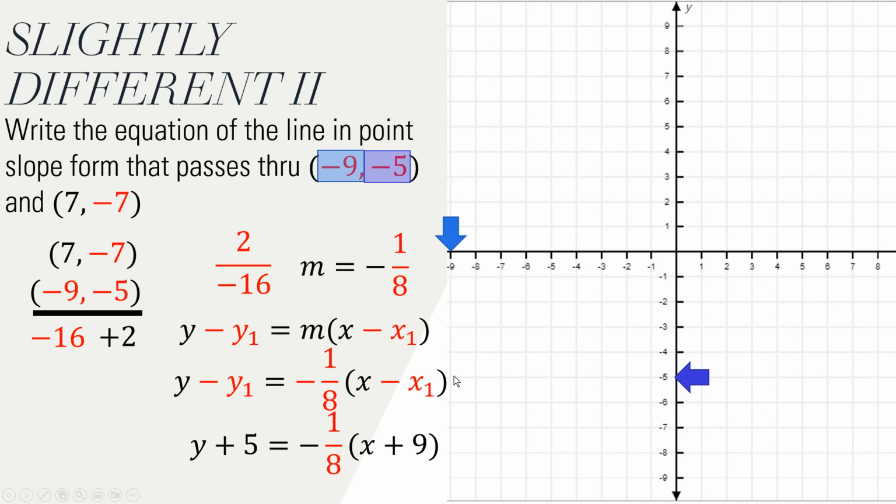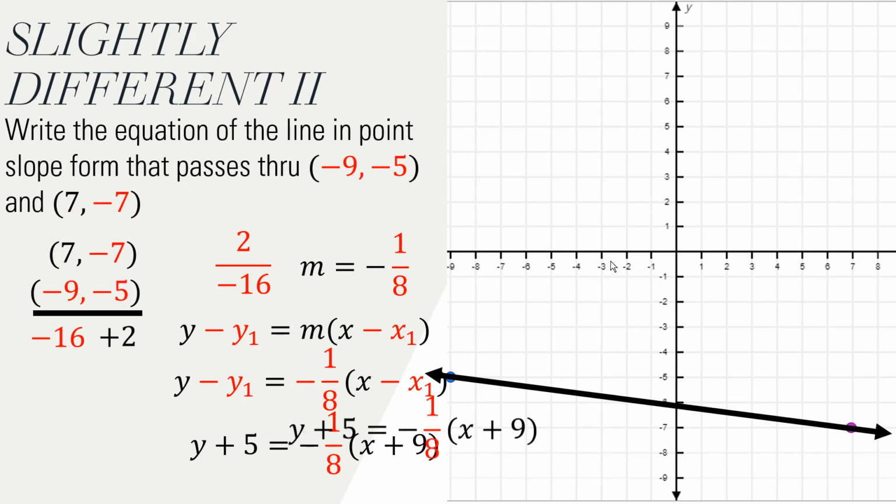And we're going to see where we're going to intersect right over here and put that point. Now we need to do the same for the other one. So 7, find 7. Negative 7, find negative 7. And where they intersect is where we put our point. Now we just connect the two and write the equation.